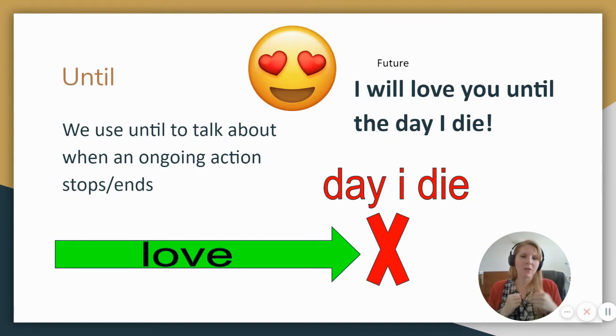I will love you until the day I die. Because after that, you're dead. But I will love you until the day I die. The day I die, the love stops because the life stops. So that's an example using the will for future.